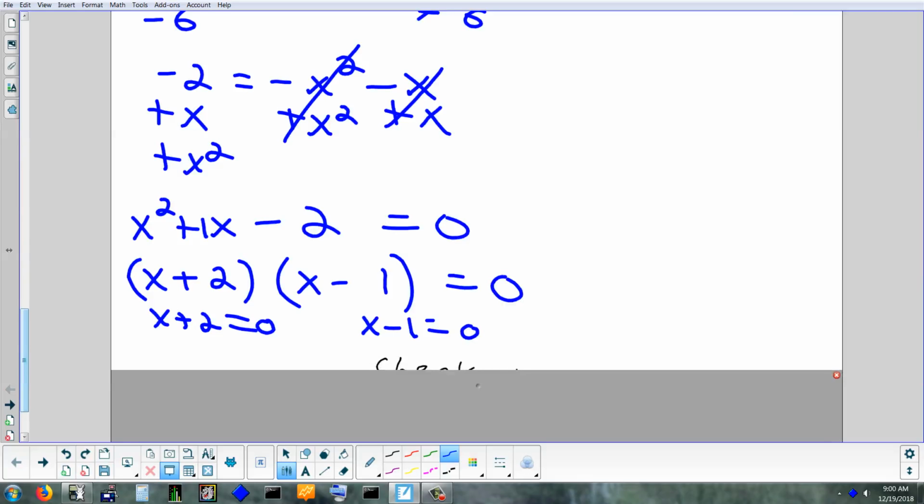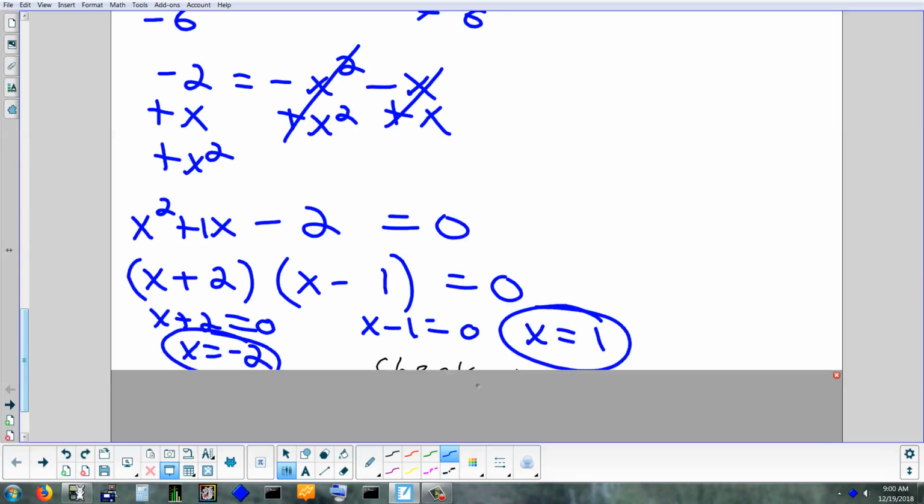What number would you plug in for x to make the first factor 0? Negative 2. And what number would you plug in for x to make the second factor 0? 1. And those are two possible answers.